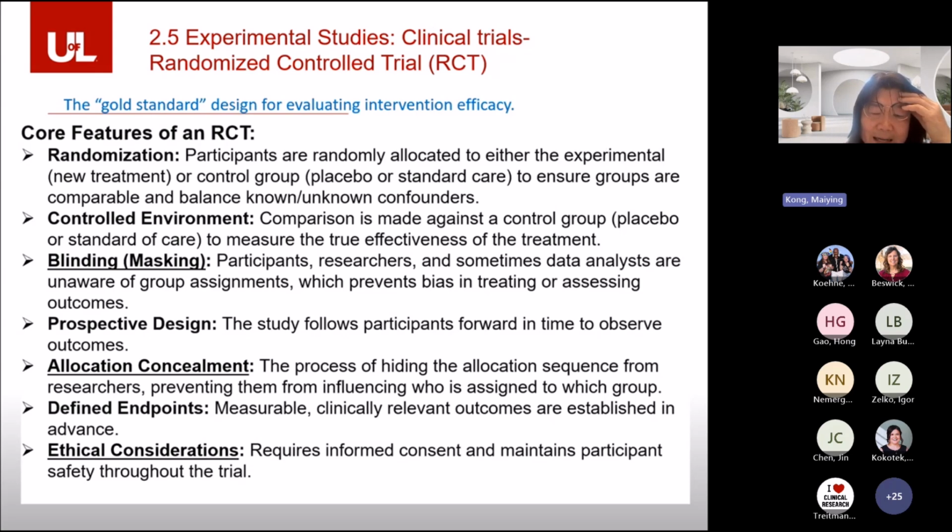Also, the defined endpoint: the measurable clinically relevant outcome is established in advance. Ethical consideration requires informed consent and maintains participants' safety throughout the trial.